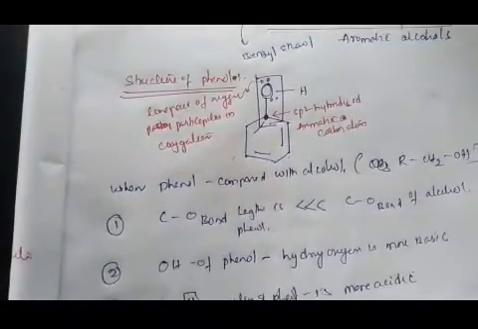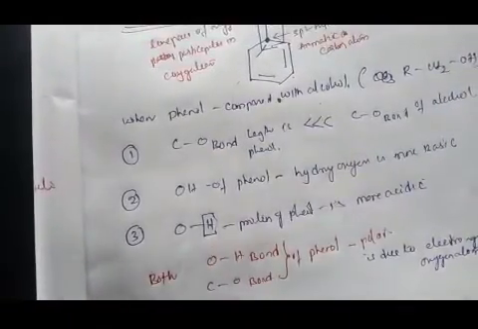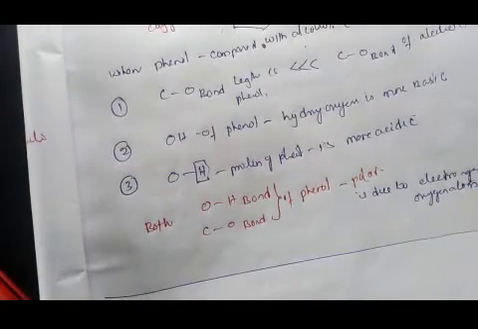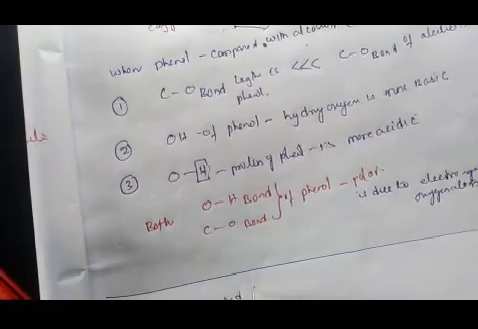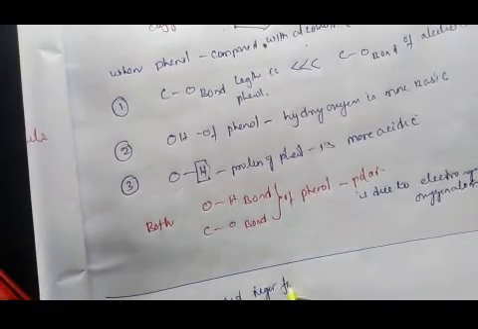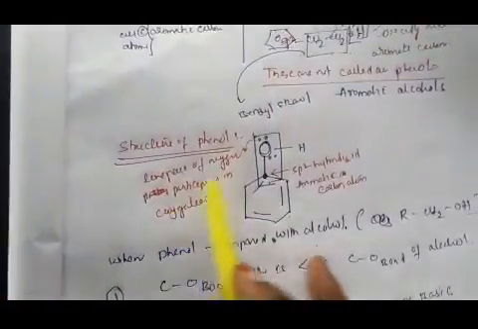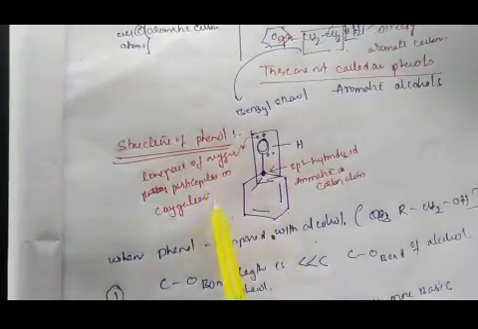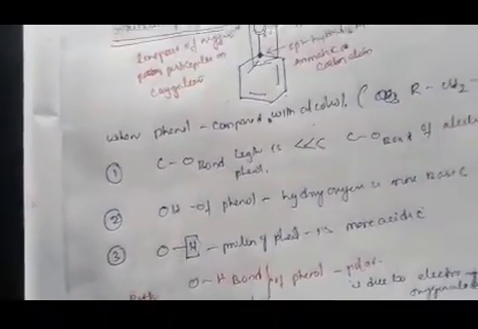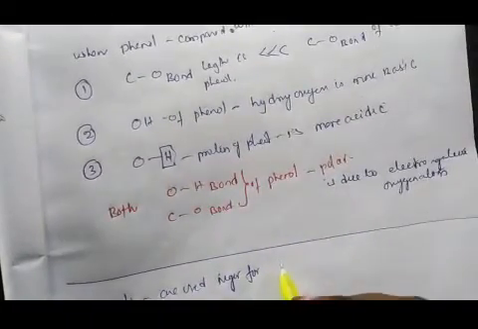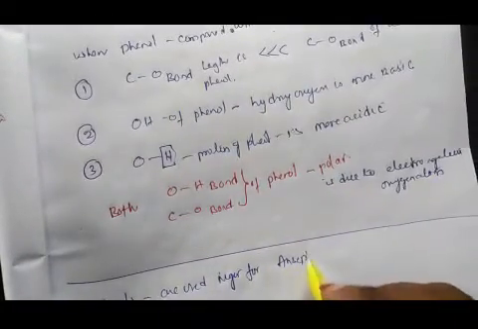So alcohols are used in sanitizers, but phenols are used in antiseptics. The lone pair of oxygen participates in conjugation, so it stabilizes the resonance structure of the ring system.